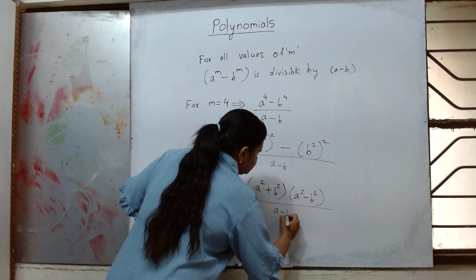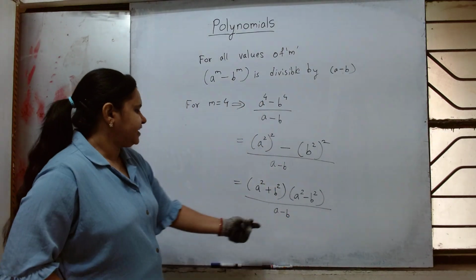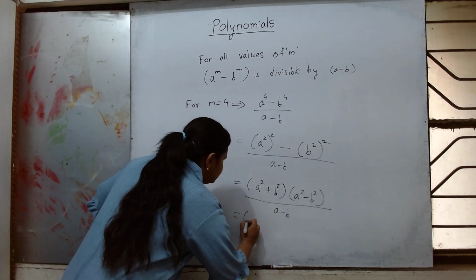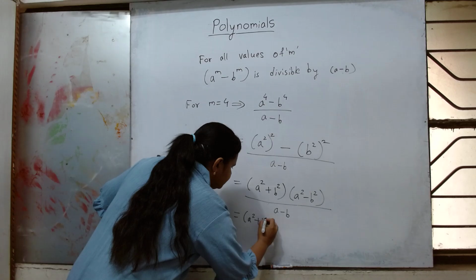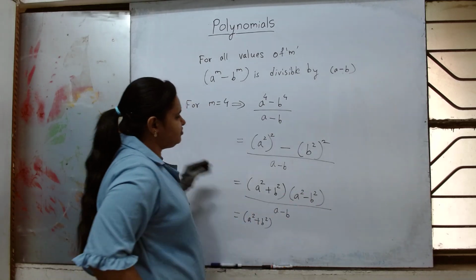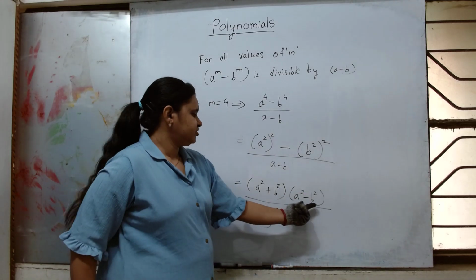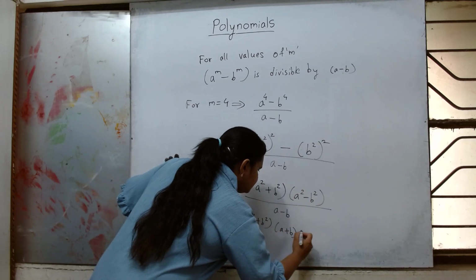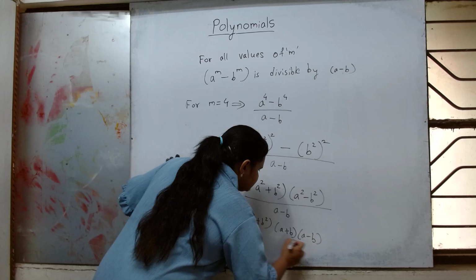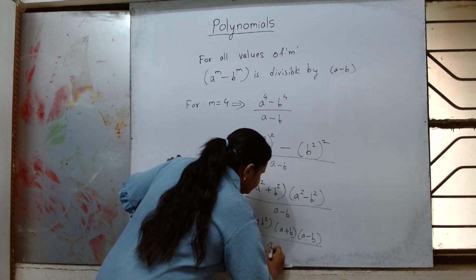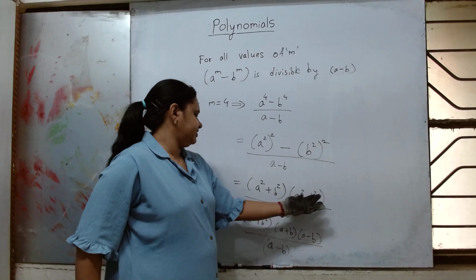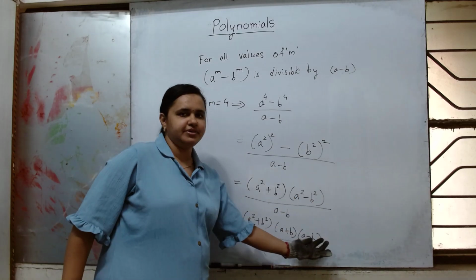Now further we can factorize this: a square plus b square, a square minus b square. Again we can put the formula, a square minus b square is a plus b into a minus b, upon a minus b. So these are the factors of a square minus b square, that is a plus b and a minus b.